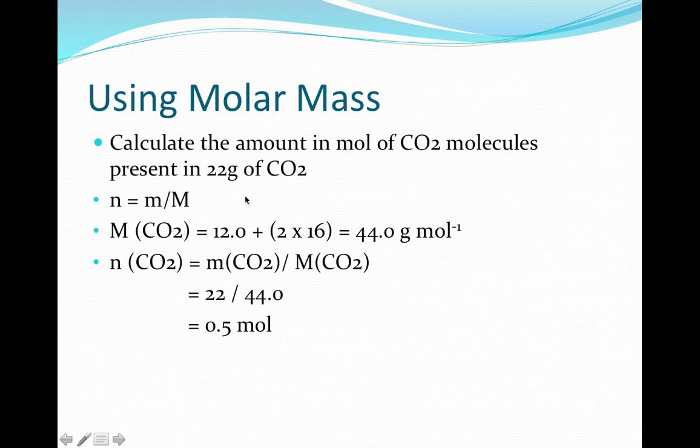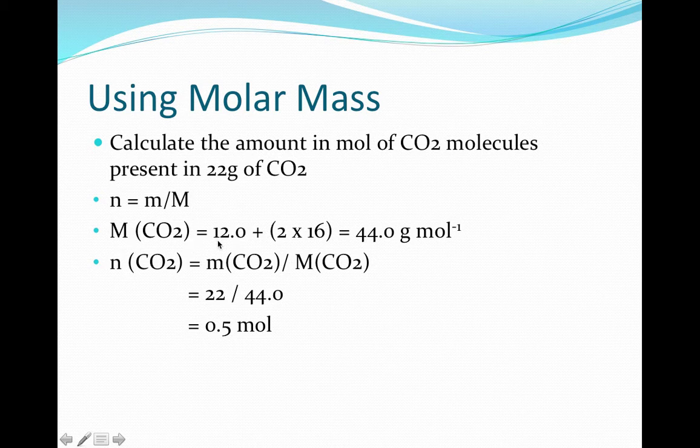If, for instance, we were using carbon dioxide molecules, we would find, when we want to know the amount in mole, n is mass over molar mass. So little m is mass in grams, big M is molar mass.